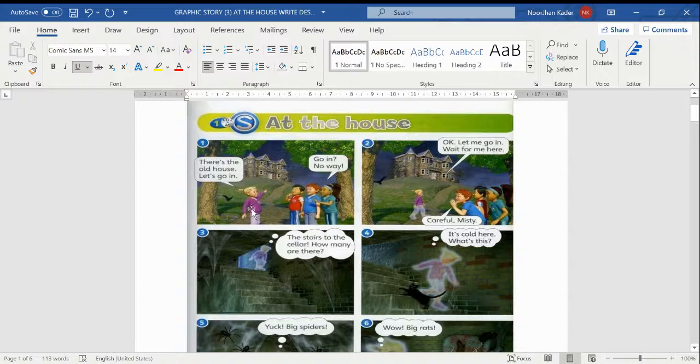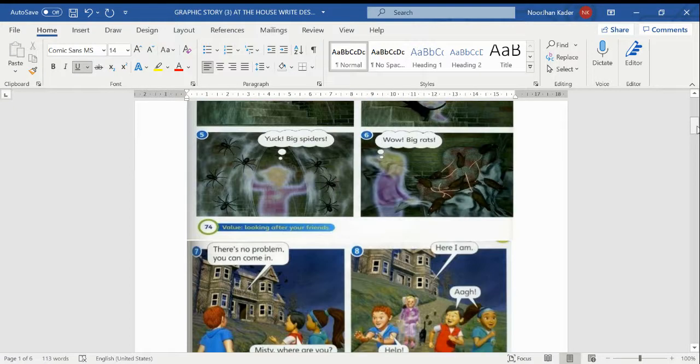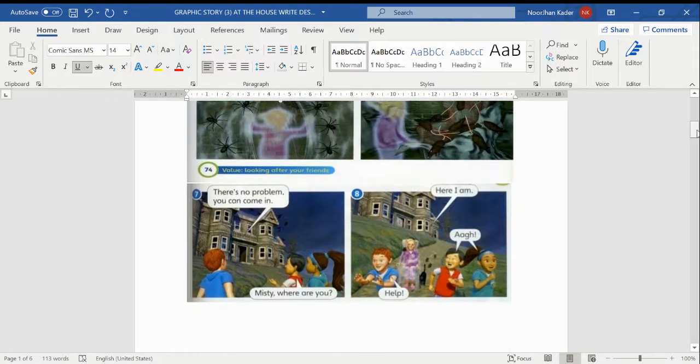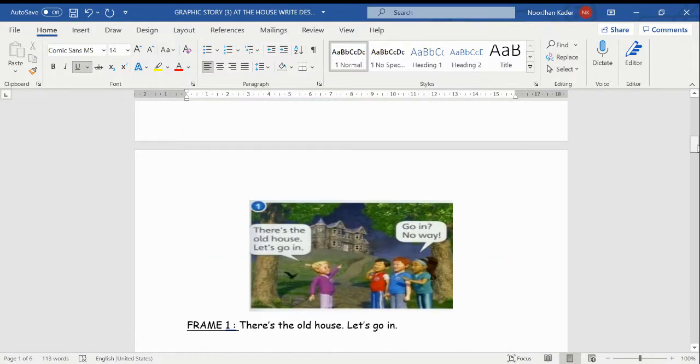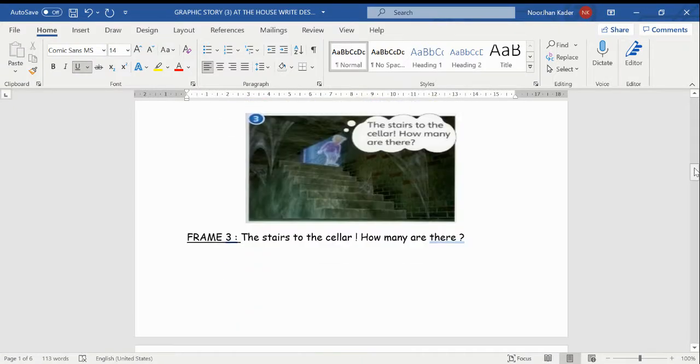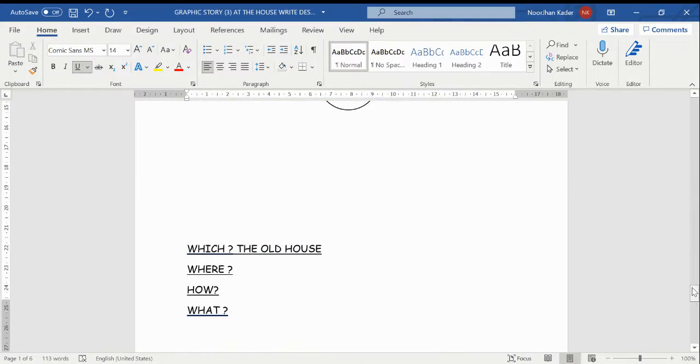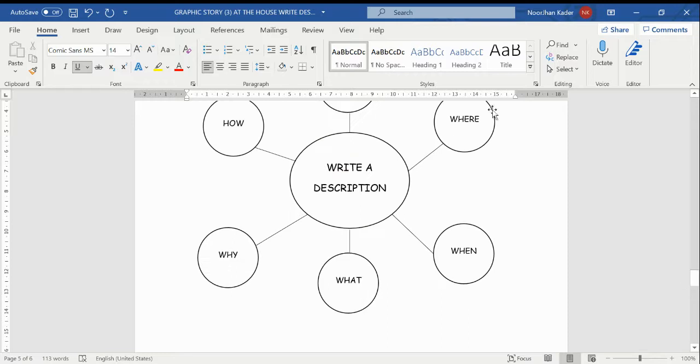So in the beginning they are all in the garden. That is also important. You do not only focus on the dialogues or the descriptive sentences in the frames, you also have to look at the pictures, because when you describe you have to be precise. Even though it is not stated, from the picture we can also understand the answer to the question where.